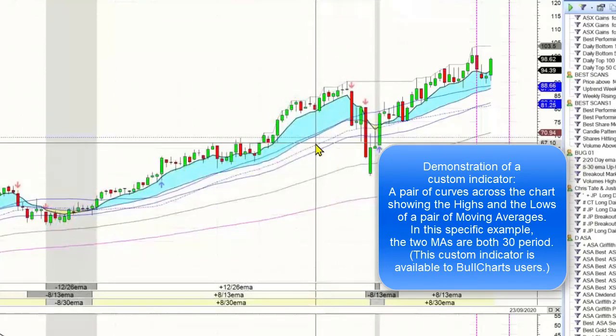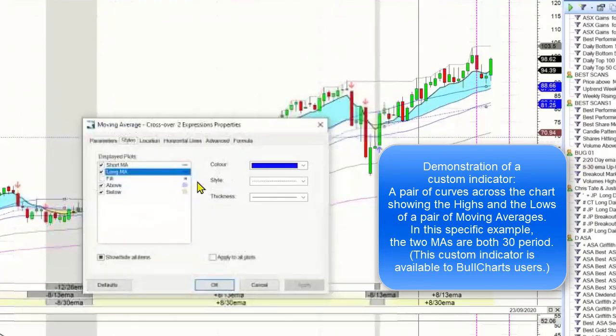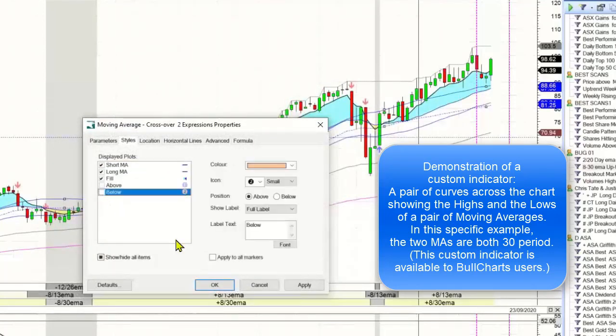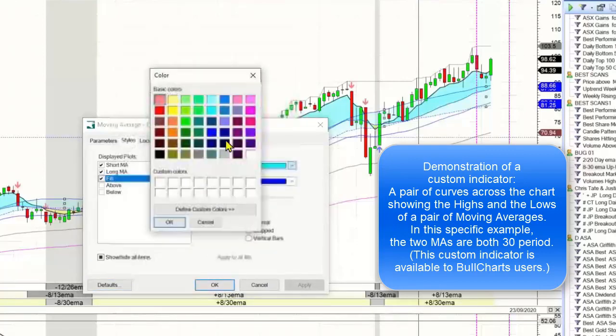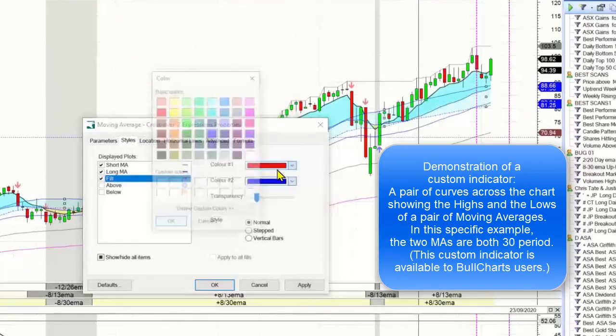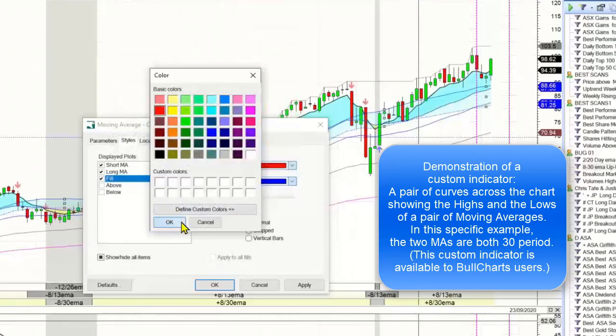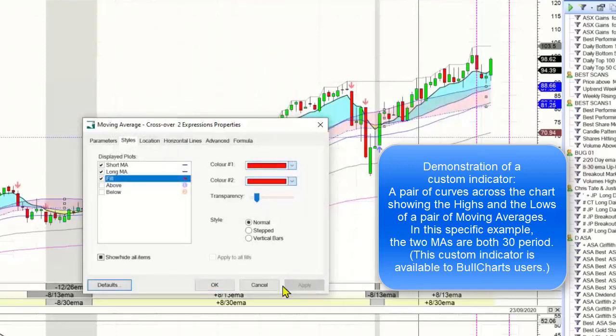Now you colour it, it's got a fill. I go to fill, take that off, apply, and I'll make it a different colour, red or something. This is just a demonstration. Apply, and you make it a bit more transparent.